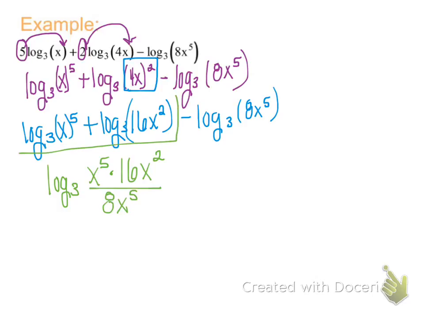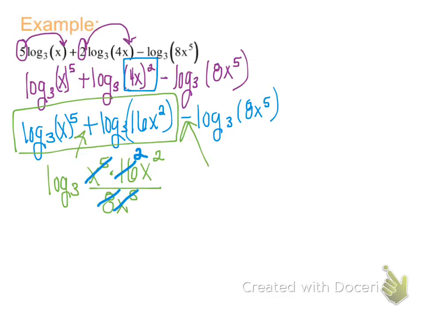So I combined these two with that plus sign, meaning multiplication, and then put the expression following the minus sign as the denominator of this. Now the next thing that I hope you would notice is that you can simplify this fraction even further. The x to the fifth and the x to the fifth will cancel each other out. And then also the 16 divided by 8, that cancels out, leaving us with a 2 up top and a 1 on the bottom, because 16 divided by 8 is 2 and 8 divided by 8 is 1.